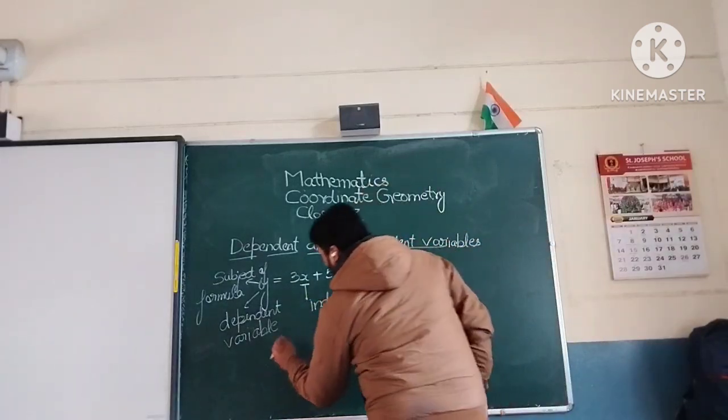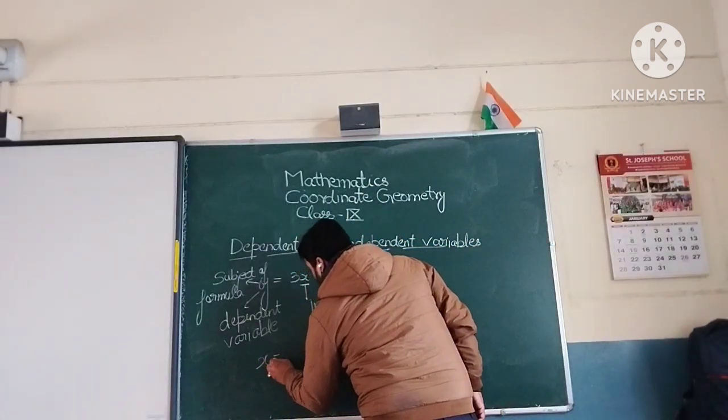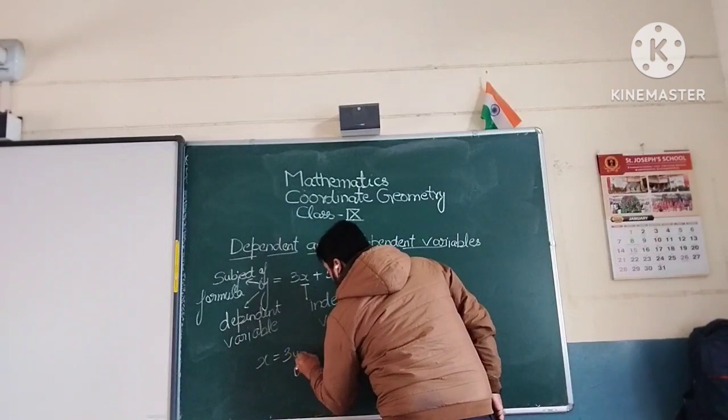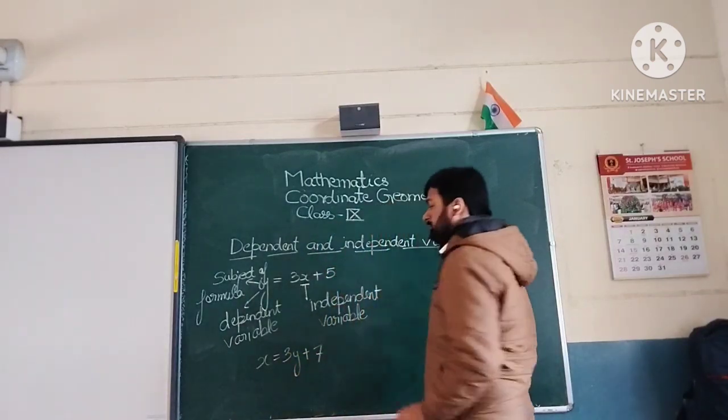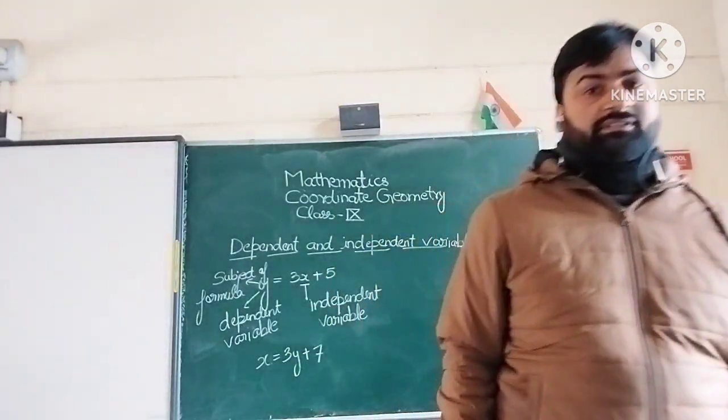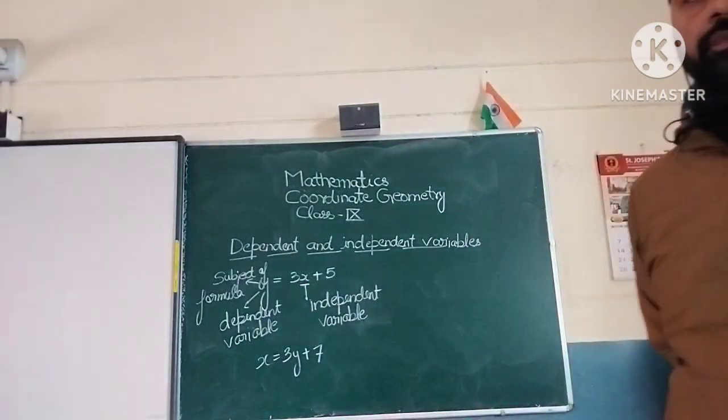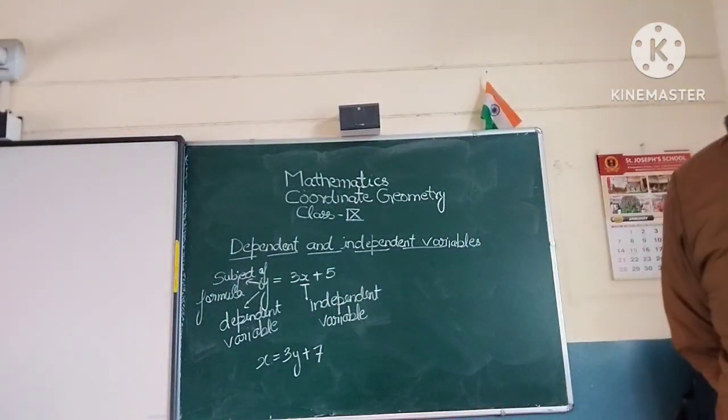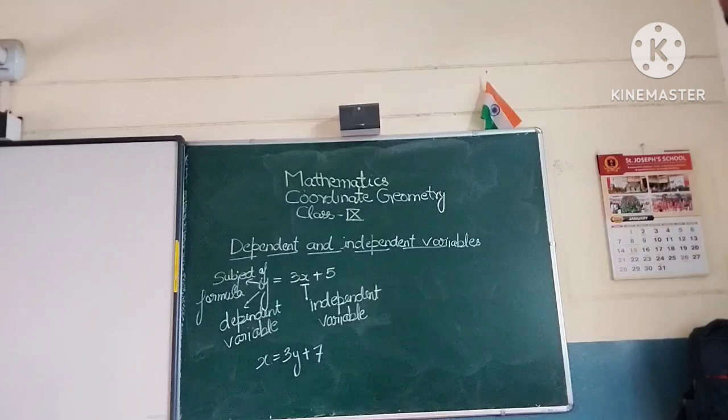Suppose I write x equal to 3y plus 7. I hope it is visible to you. Now children, can you see clearly that in this x equal to 3y plus 7, y's value we can take freely? Yes or no? That means the value of y we are free to choose. But the value of x, can we choose like that?